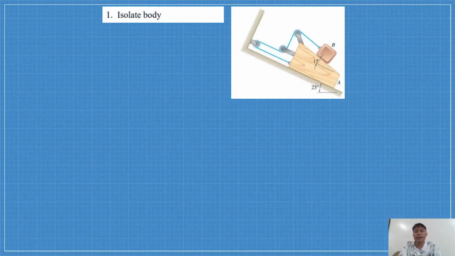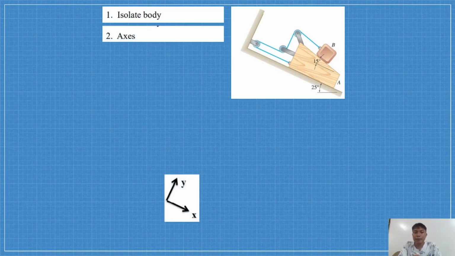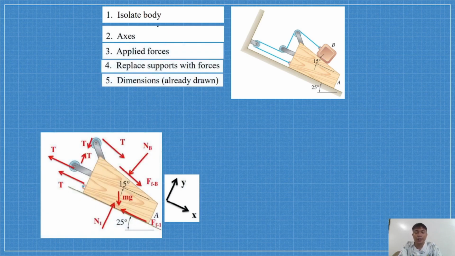The first step is to isolate the body. The second step is to identify or define its axes. The third to fifth steps are to apply the forces acting on the isolated body, replace the supports with forces, and write the dimensions so it is better defined.